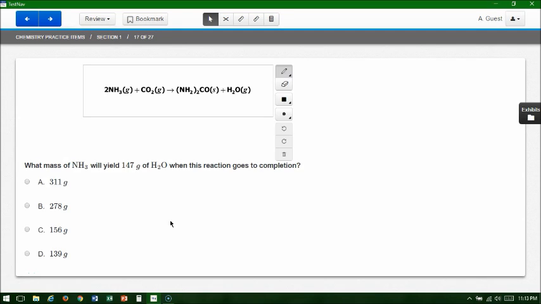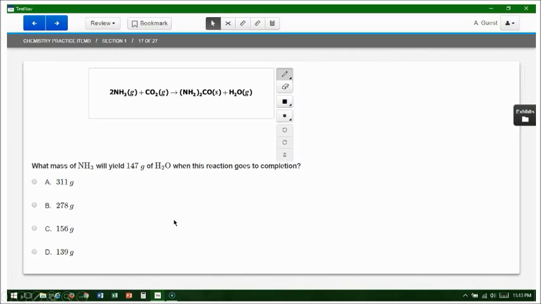Number 17. What mass of NH3 will yield 147 grams of water when this reaction goes to completion? So we have to convert 147 grams of water into grams of NH3. So first we're going to start with 147 grams of water. We'll do a periodic table step first.